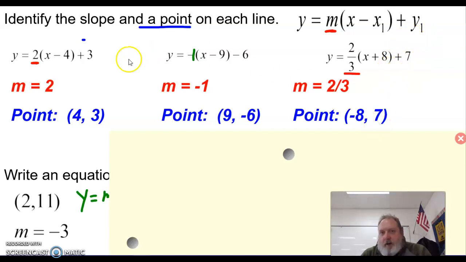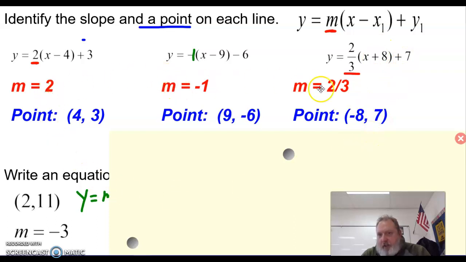So again, from these given equations, the slope, the m value, is the number in front of the parentheses. And our point, we have our x value, y value, and the x value is opposite sign of what's in parentheses. So 4, 3, 9, negative 6, negative 8, 7.